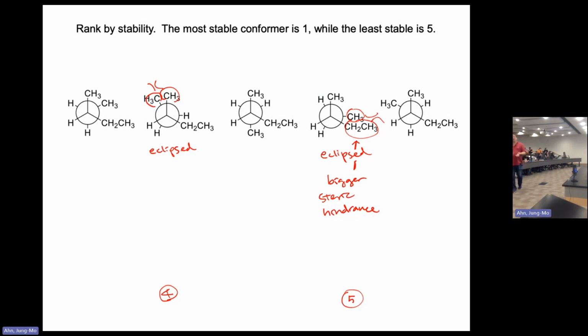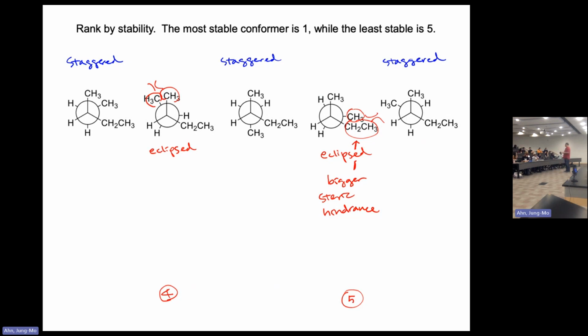Now look at the 3 staggered. We got the 3 staggered ones, right? Anti, which means the biggest substituents are farthest from each other, 180 degrees apart, that would be the best. But we cannot see just anti here because we got multiple substituents. What makes energy go higher is 2 big substituents 60 degrees apart.